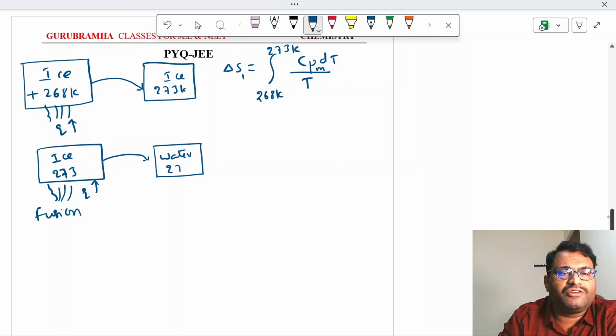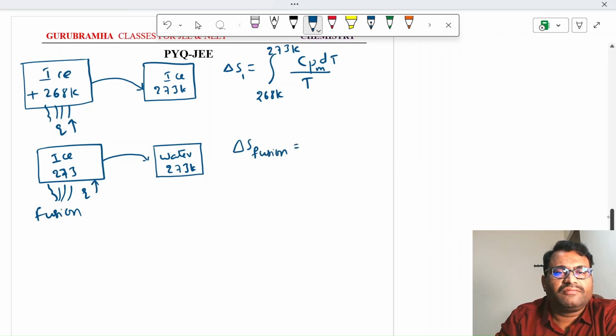Water is also at 273 Kelvin, so there is no change in temperature. Then delta S fusion is delta H fusion by TF, where TF is the freezing point. The heat supplied at that freezing point gives the change in entropy during the fusion.